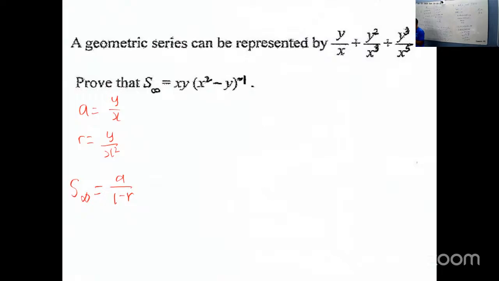Take the little part underneath, simplify, and then simplify the two fractions.